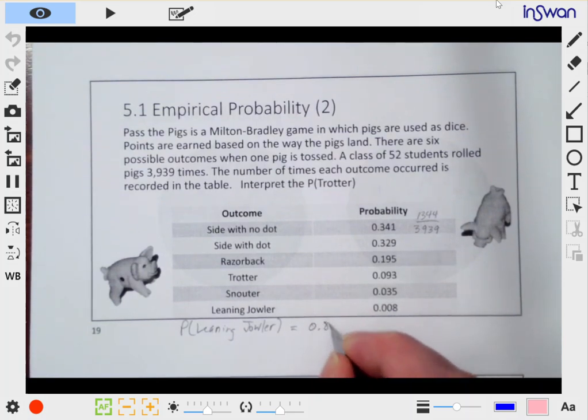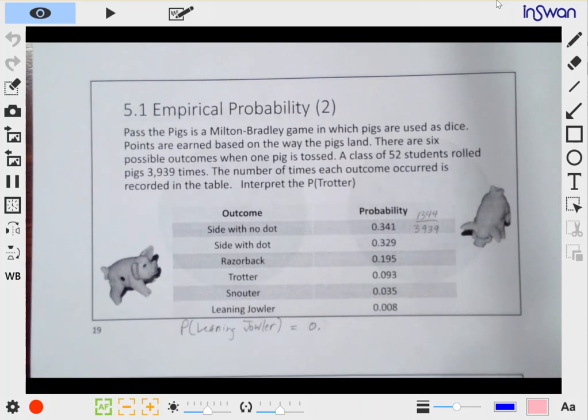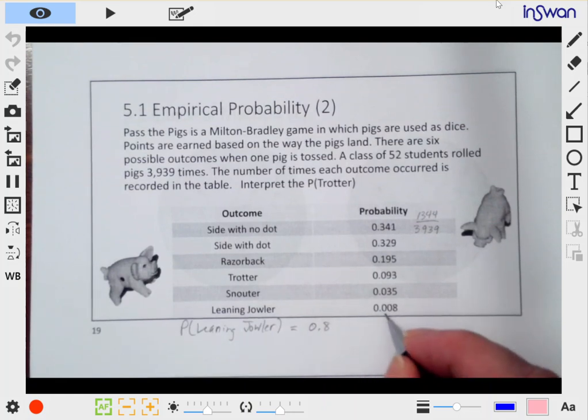It would be 0.08%. No, 0.8%. Right, 2 decimal places to the right, or 0.008, which we say is 8 thousandths.